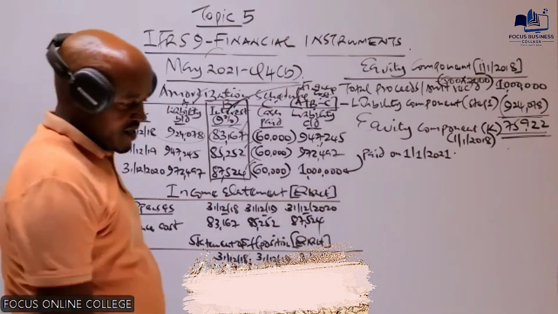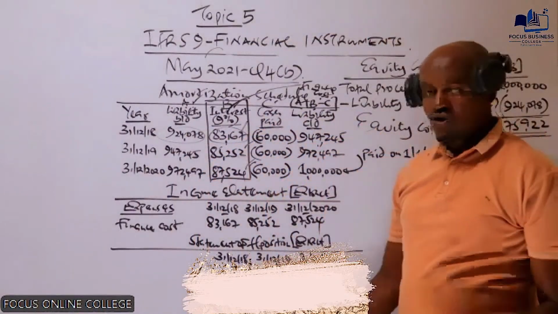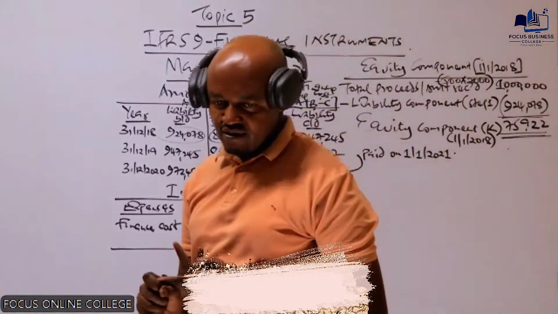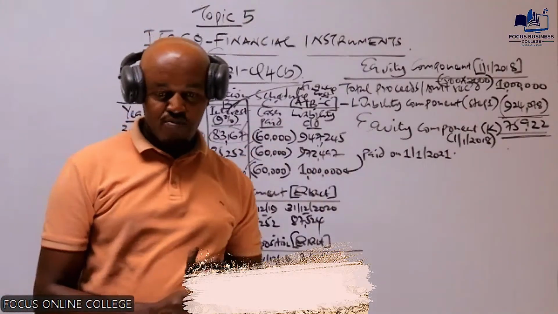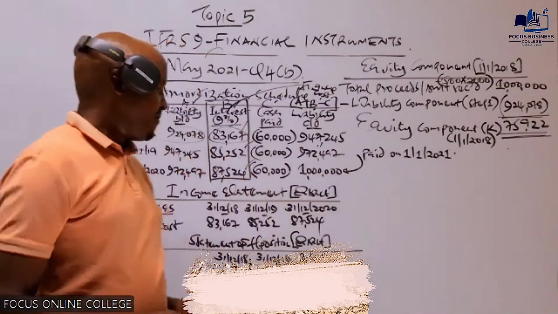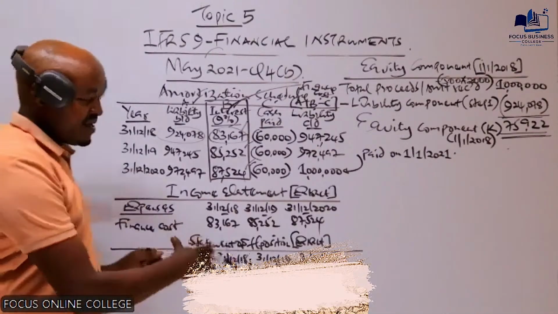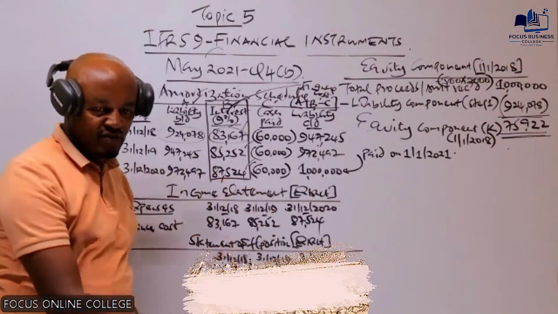In the statement of financial position, our company was supposed to recognize 2 items. One, the liability component of this convertible loan notes, and number 2, the equity component. In preparing this, we record assets, non-current, current, then equity followed by liability.